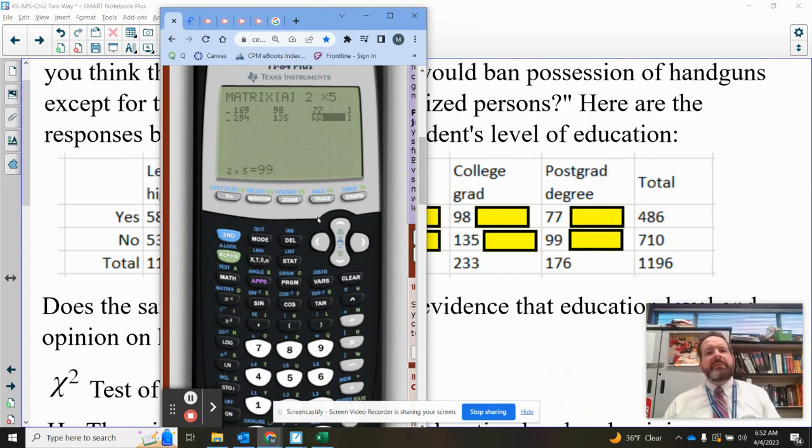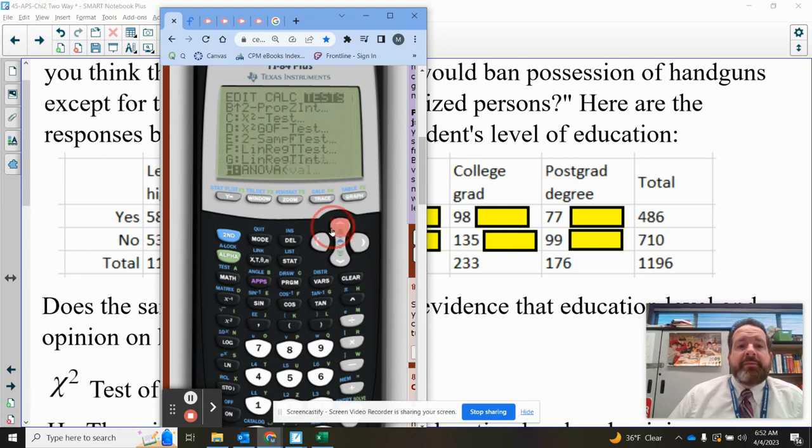All right. It saves automatically. So when you've got that entered, go into stat, over to tests, and you'll notice there's no distinction between a test for homogeneity of proportions and a test for association because they're done the exact same way. So we want just the chi-squared test.